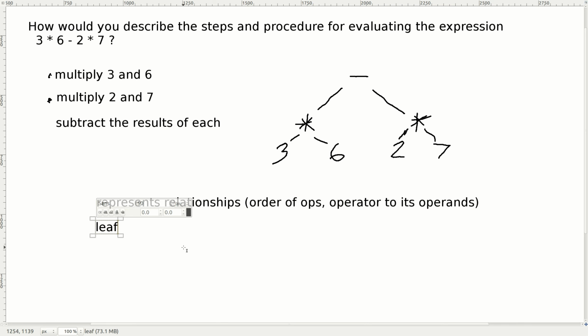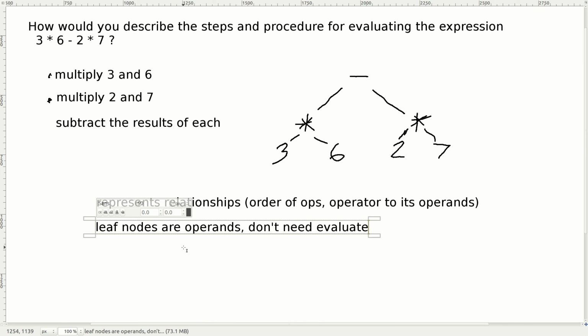The leaf nodes are values, they're operands, that don't need to be evaluated. We already know their value, or they might be a variable and we could just look up that value, but they don't take any special work of doing an evaluation on them really.